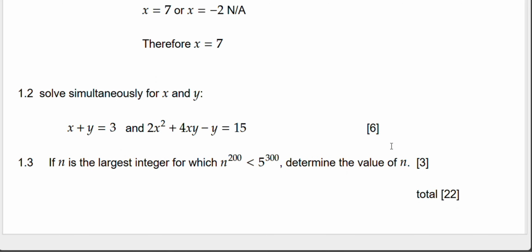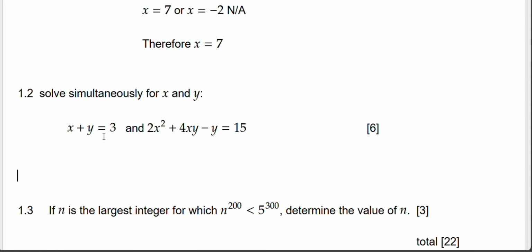So okay, now we're going to simultaneous equations. In order to solve this one, you must first identify the simplest equation. The simplest equation is what? It is this one. If you start with this one, it's going to be complicated to make a subject of the formula.